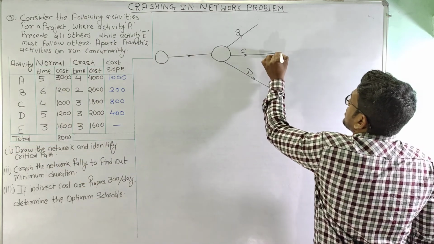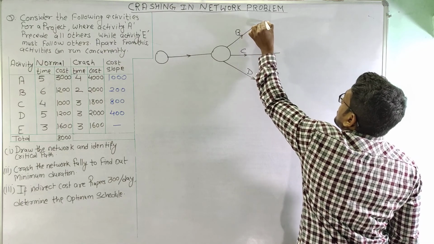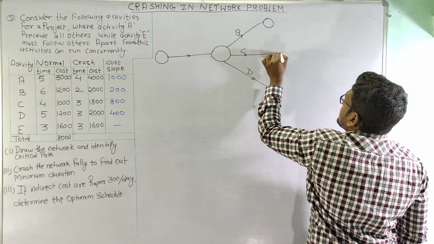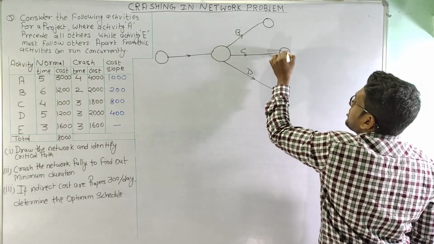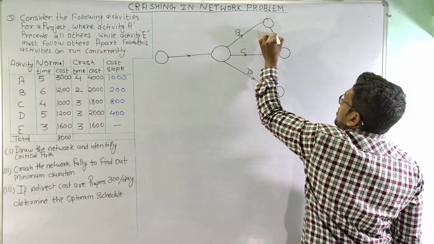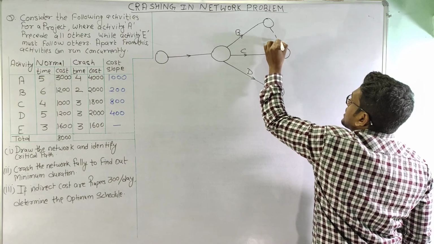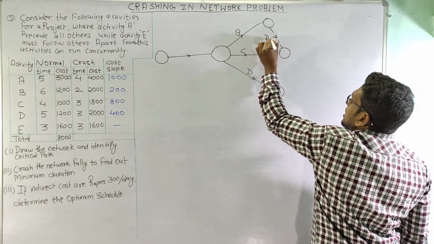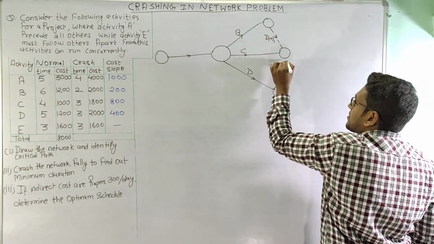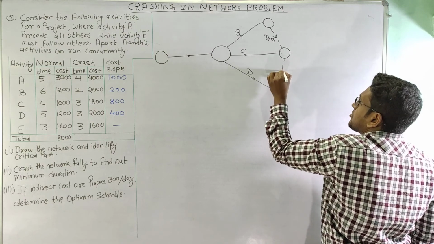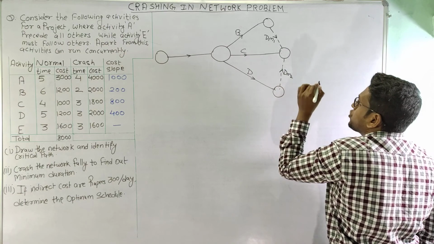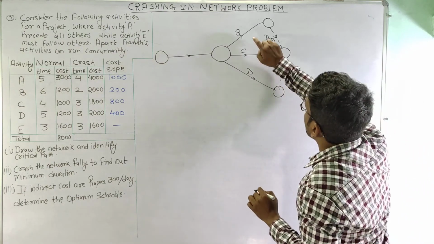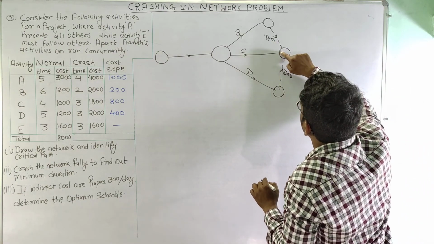So what we will do is we will terminate these activities here, and to show the dependency we will draw 2 dummy activities. This is DM1. Similarly this is DM2, to show the dependency of B and D at C.